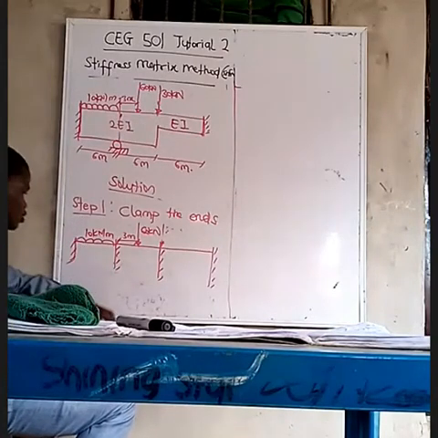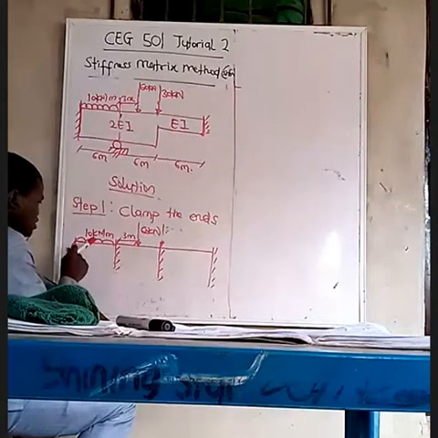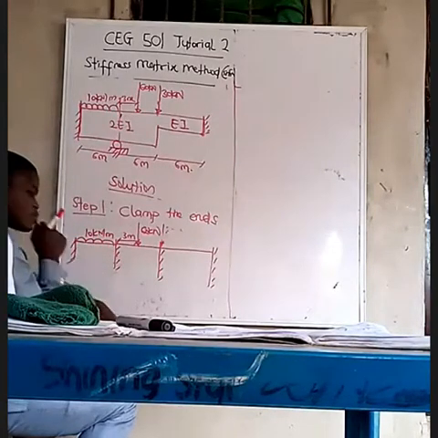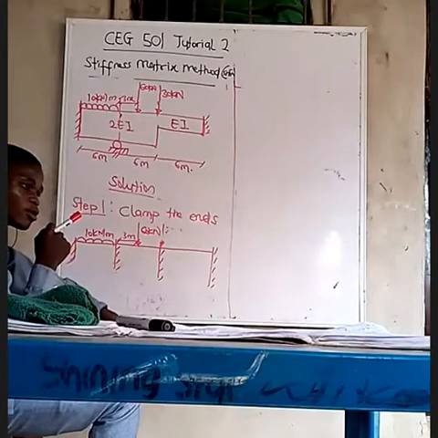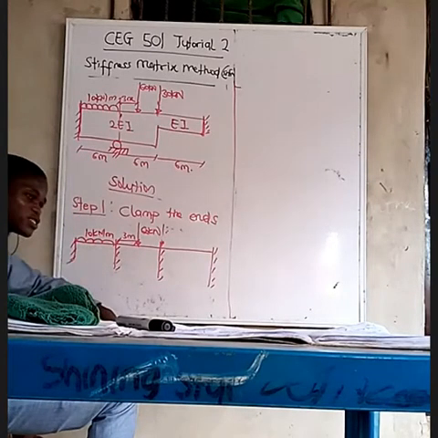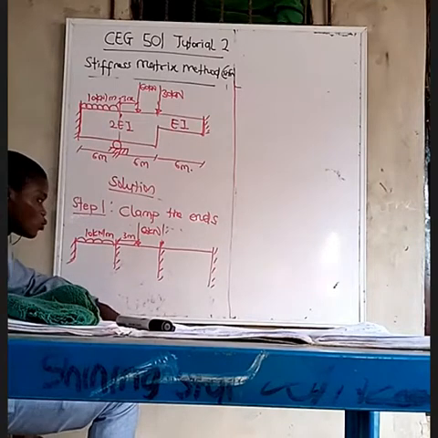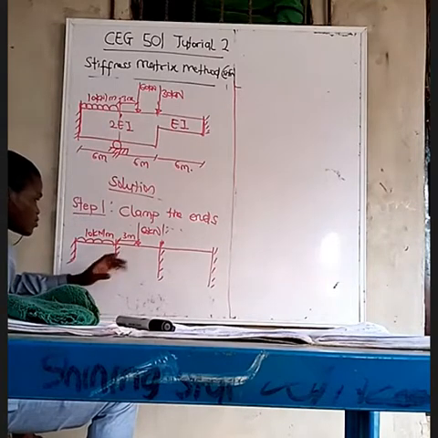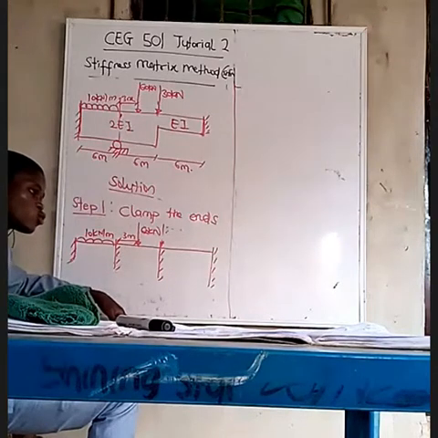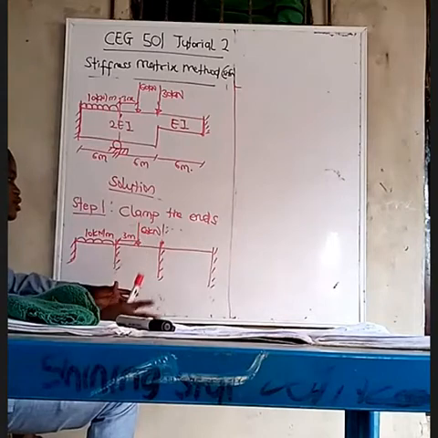So the next step is, now you have to pay attention. When we are deriving the stiffness matrix for a beam, there was no load applied between. You understand? But now we have a load that is applied within it.